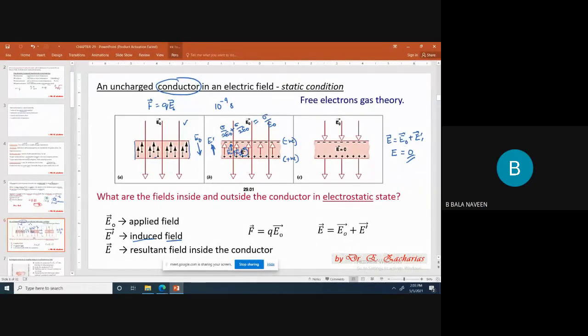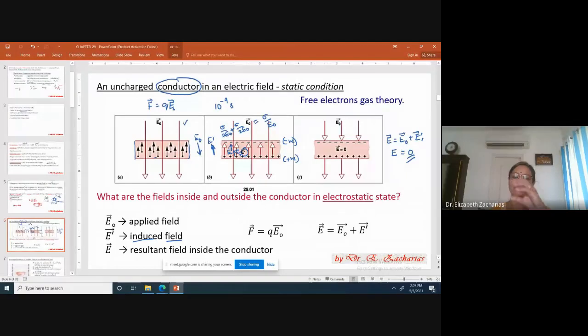Yes, ma'am. There you have seen that if I have a material and there is a charge on it, then I told you that the charges will quickly go and occupy the surface so that the inside will have electric field 0. Like that only here. You are not putting any extra charge, but because of the electric field that you have applied, electric field lines are going inside the material.